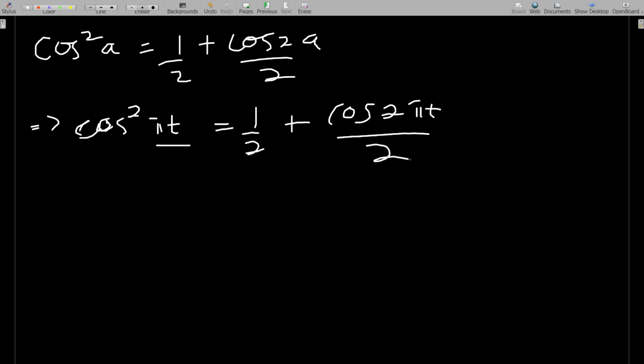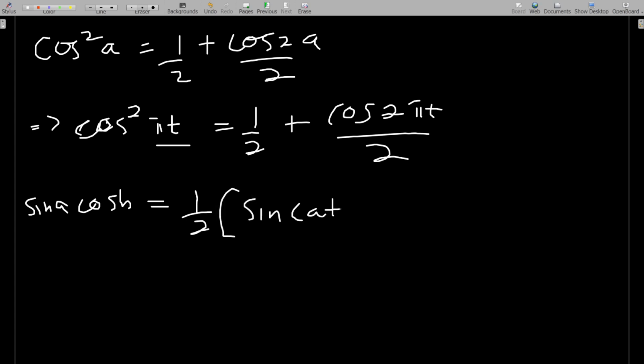Also, another identity: sine a cos b is equal to 1 over 2 into sine of a plus b plus sine of a minus b.